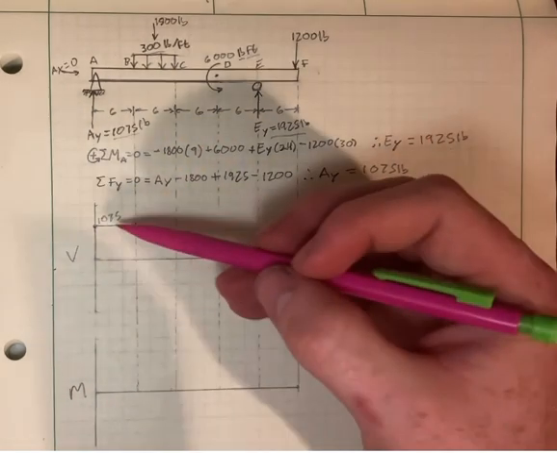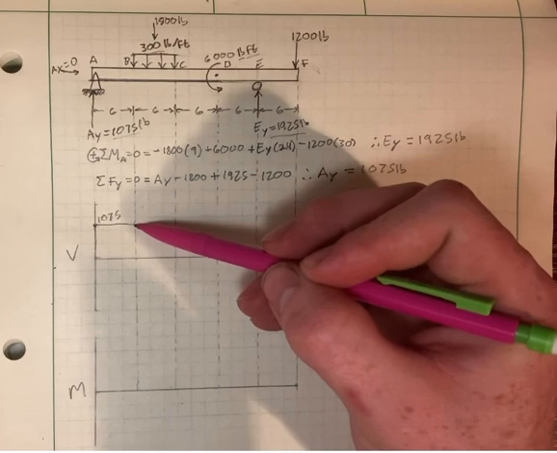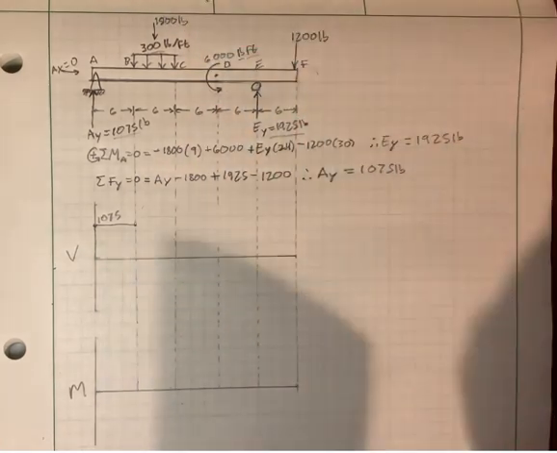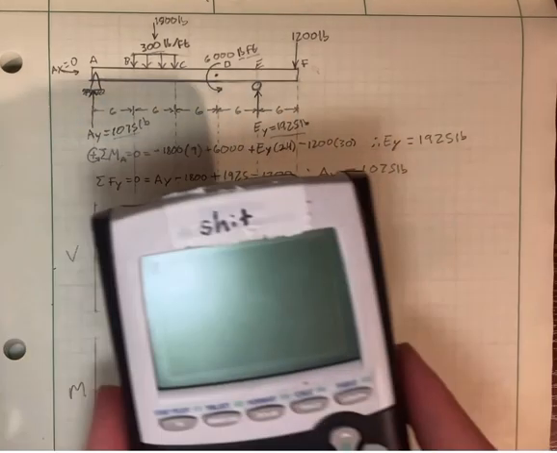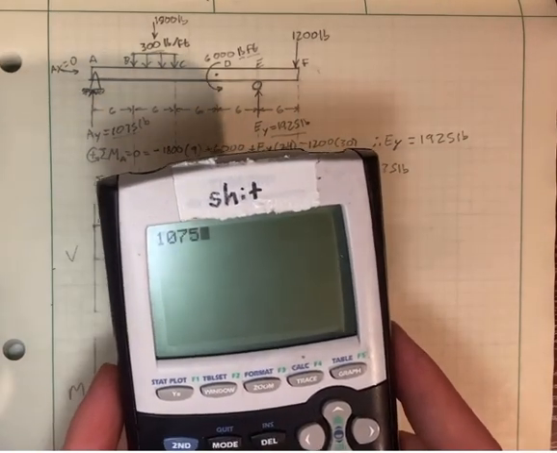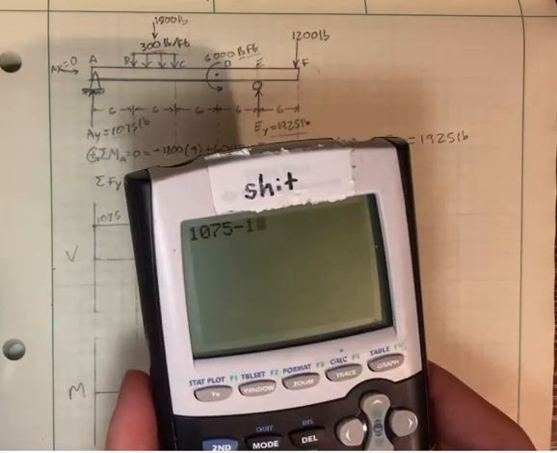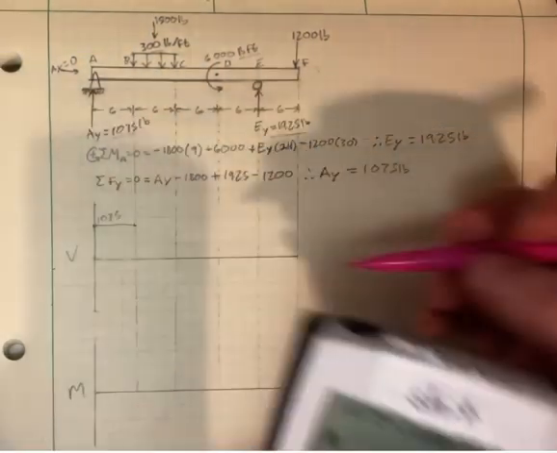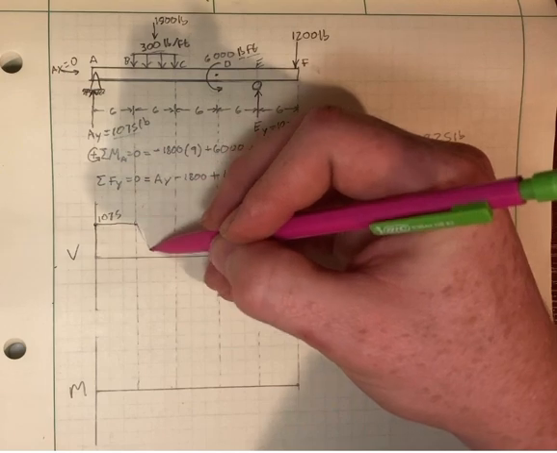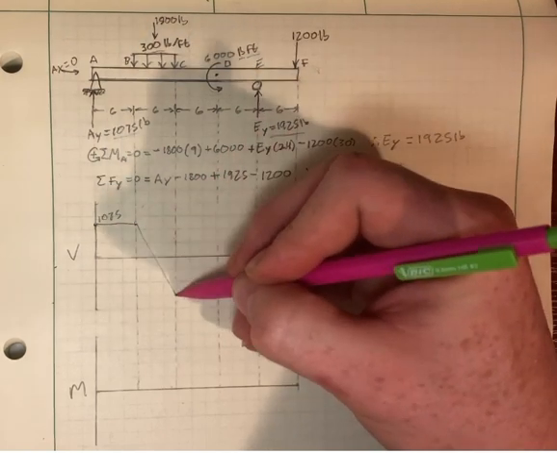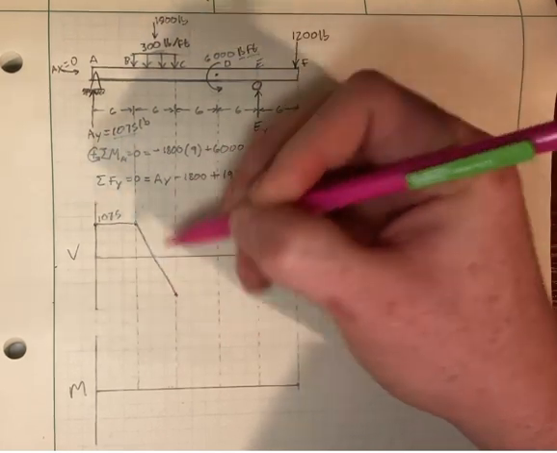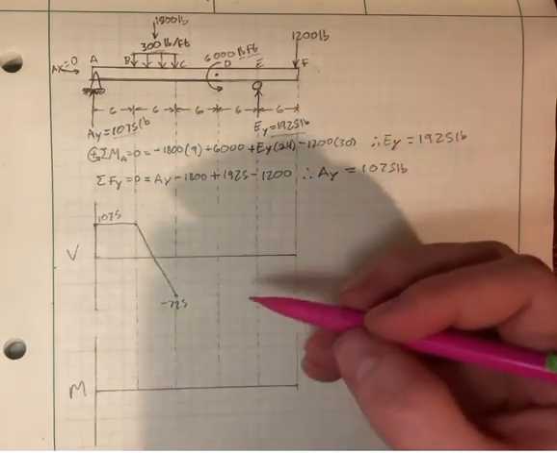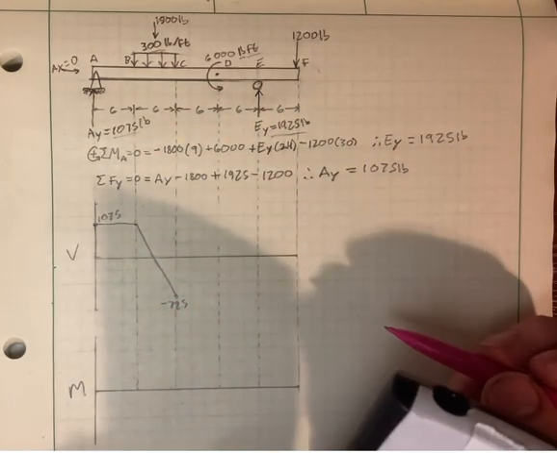We go from 1075, that's the value that we're already at. We're already up there. And now we're going down 1800. So we're gonna go 1075 minus 1800. And that puts us at negative 725. So that's where we're gonna go down to. Darken that up. Negative 725. Great. So there we are.